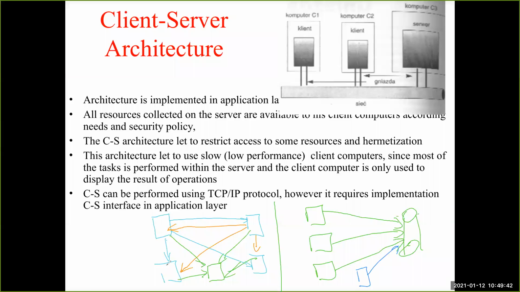The second issue is that if we have peer-to-peer connection, there is a problem with authorization. How can we confirm who is allowed to connect to our computer? But if we have a server side, the authorization rules can be equal for all of them, and they are stored in a single place.